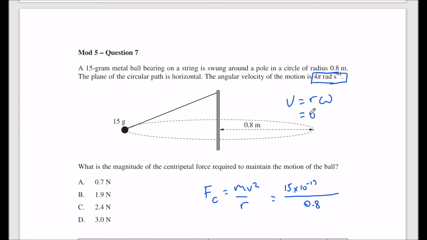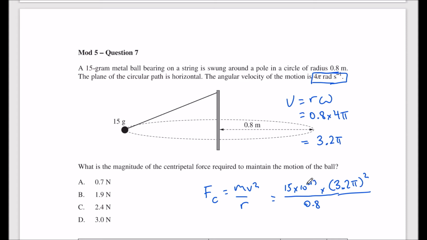We have a radius of 0.8 times 4 pi. So we could just leave it as this number. So I'll do that. So we have 3.2 pi. I'll just leave it at that value, it makes life a little bit easier when we put it into the calculator. So let's substitute that in and see what we get as a value.